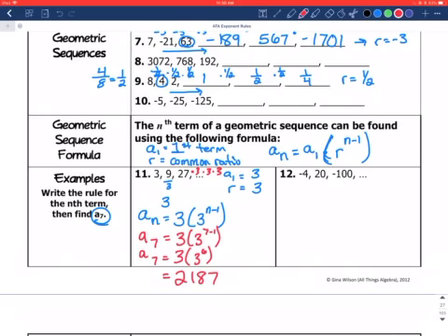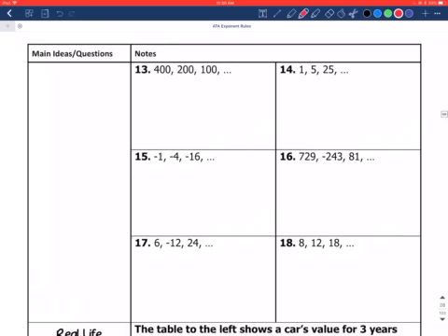Okay, so I'll skip down a little bit. Let's do 13. So again, to find our common ratio, 200 divided by the term before it. So that will be 1/2. Our common ratio is 1/2, and our first term is 400. So we will plug that in. A sub n, our first term, multiplied times 1/2 raised to the n minus 1 power.